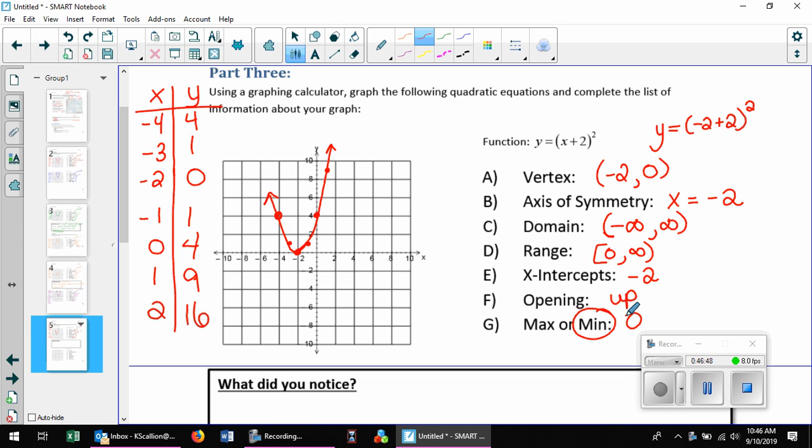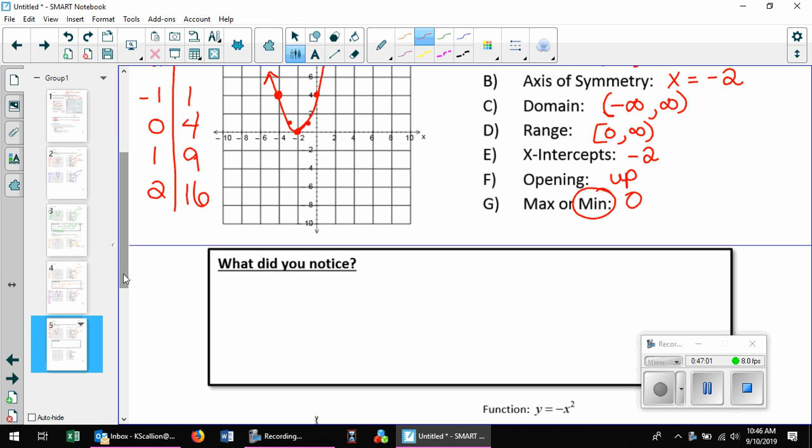I open up. So that means I have a minimum. Okay, so this is the more tricky one. All right, so if I have x subtract h, so if I have that, like so h equals some number, what did you notice?